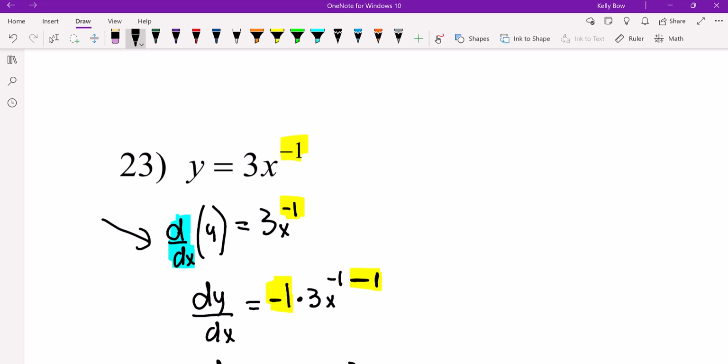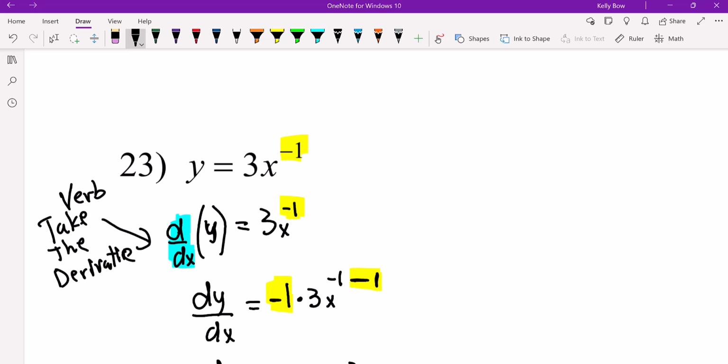That's kind of like the verb. That says take the derivative. That's the order. Take the derivative. And this time we have it as y. So when we take the derivative, we can write it dy over dx.